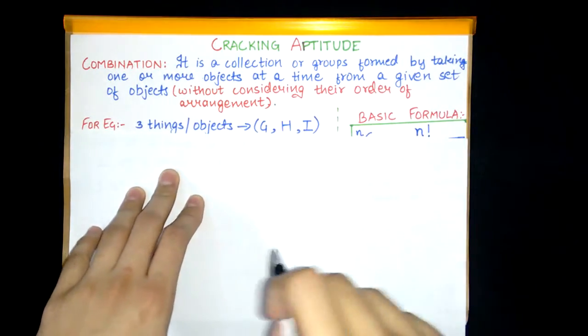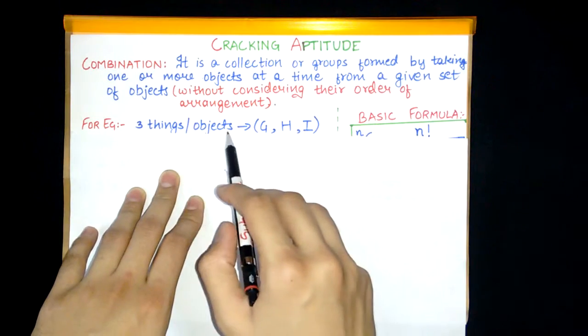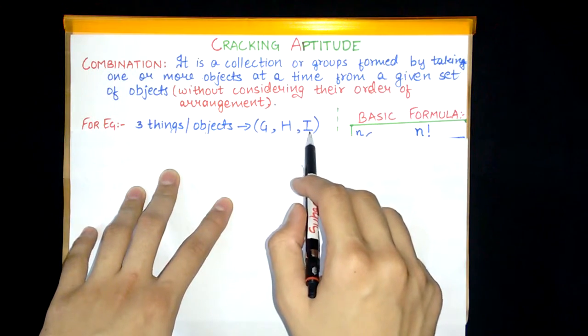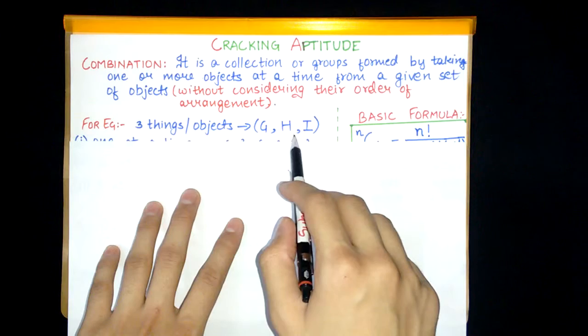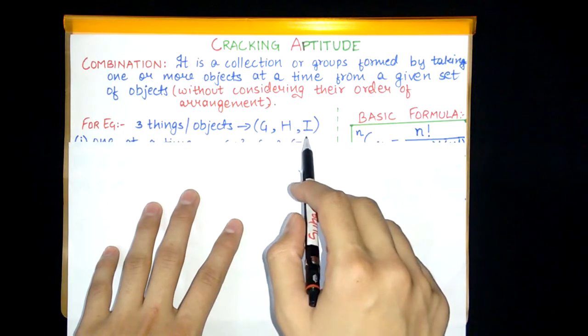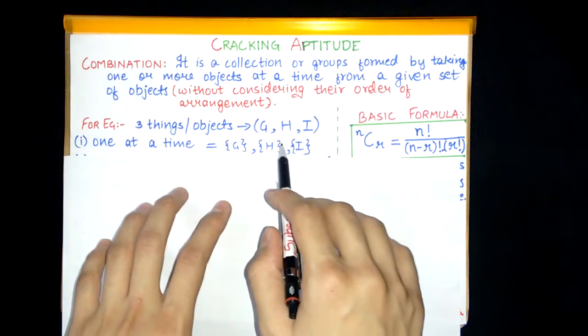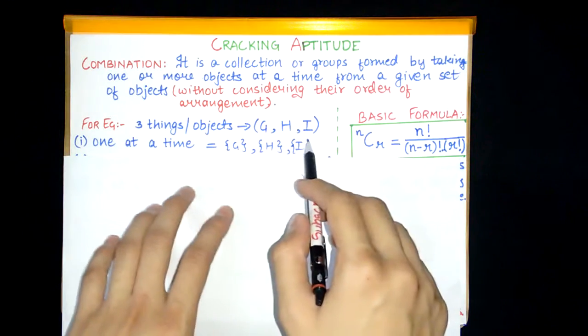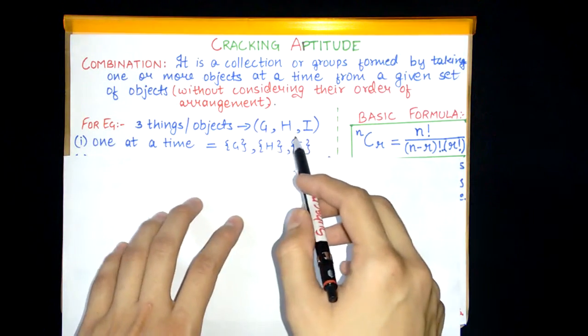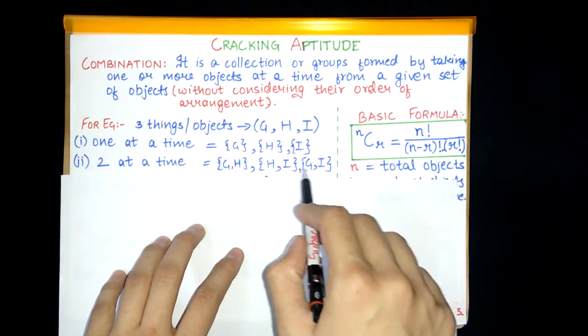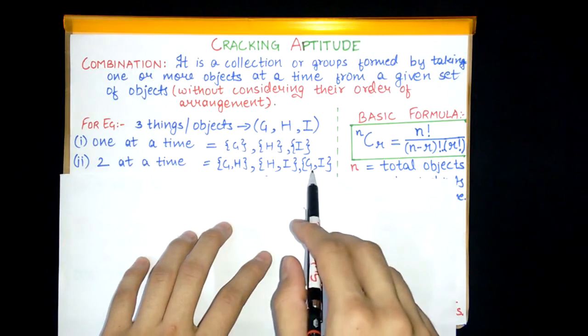So for example, let's say there are three things or objects, that is G, H and I. If we take one at a time and try to form different combinations, then there would be G, H and I, three different combinations. If we take two at a time from these three, then there would be GH, HI and GI, again three different combinations.